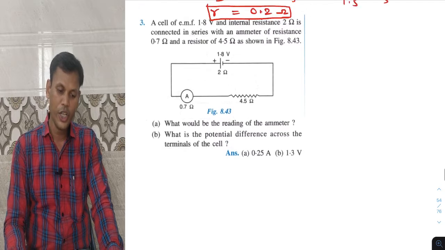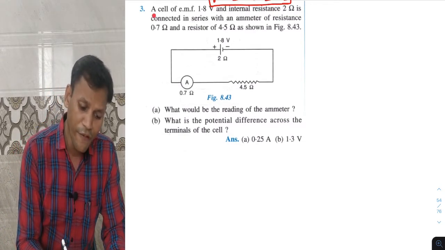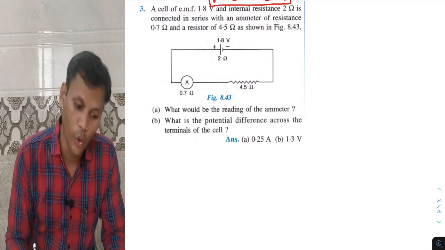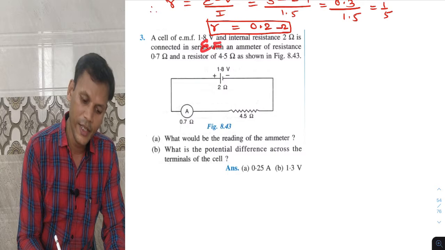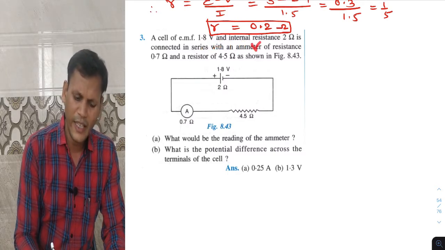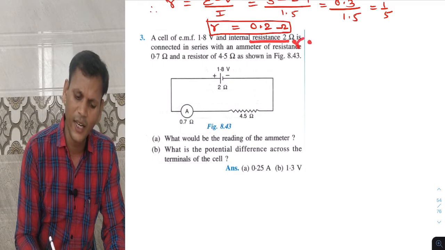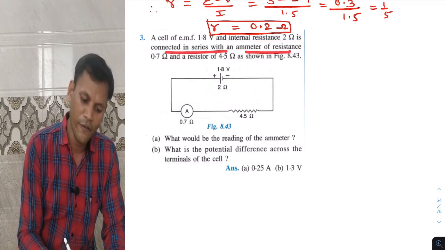Now next, question number 3. A cell of EMF 1.8 volt. EMF means small e is 1.8 volt. Internal resistance small r is 2 ohm, connected in series with an ammeter of resistance 0.7 ohm.